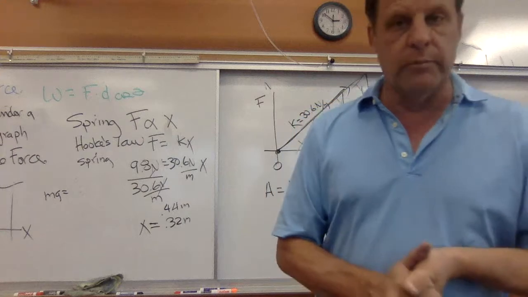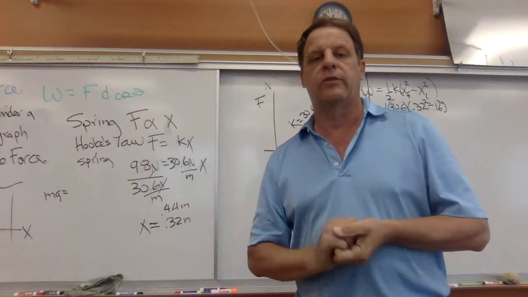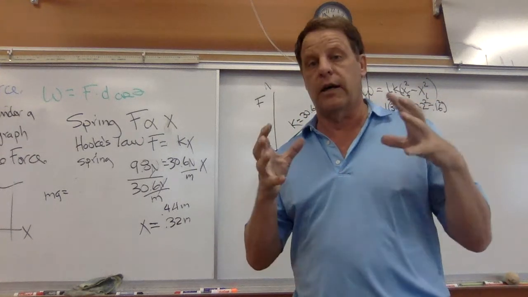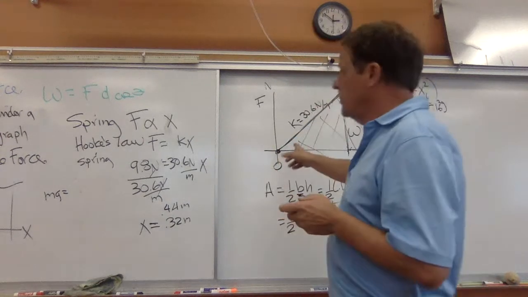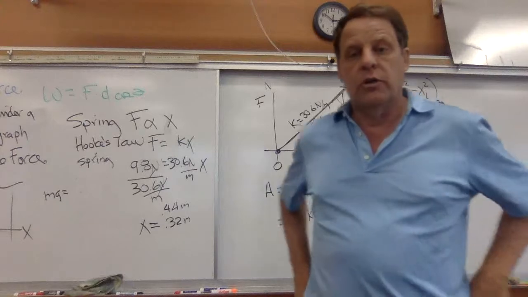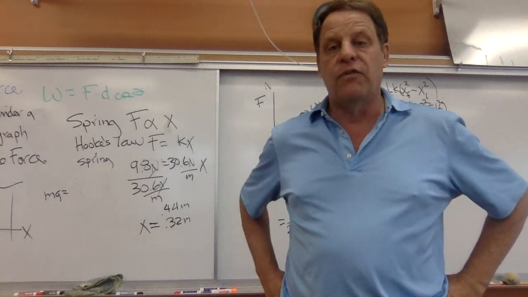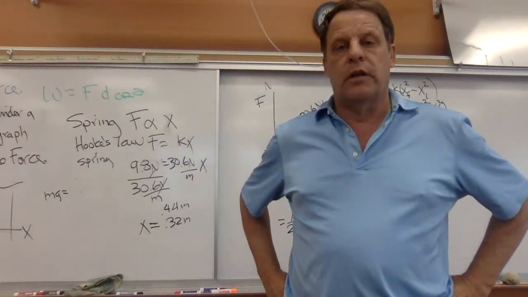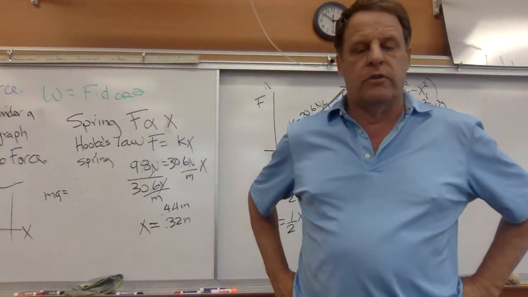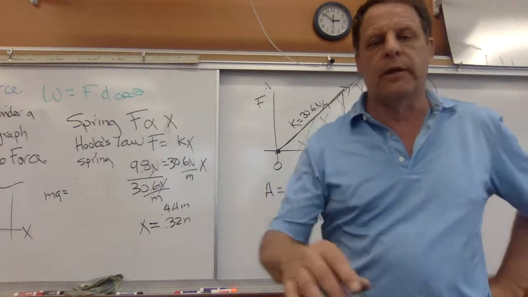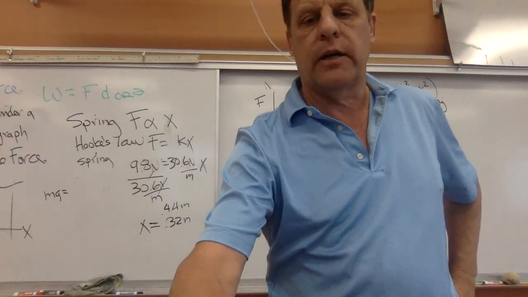There are some questions on problem set 2 that deal with springs and our variable forces. Also, the area under the curve is going to give you the amount of work done. So you may end up with a trapezoid, but it's just simply the area under the curve. All right, we will see you next time.